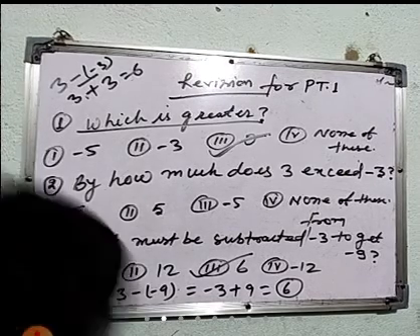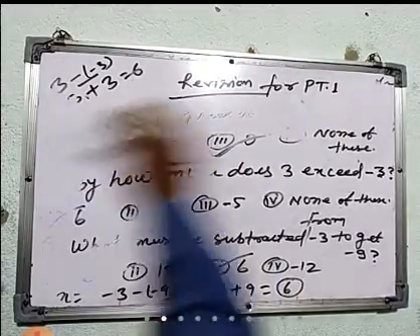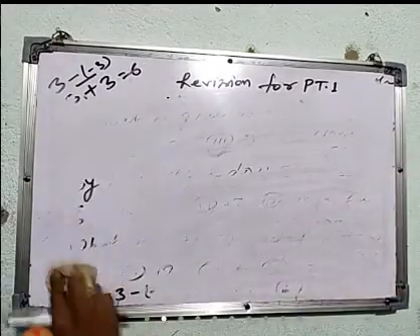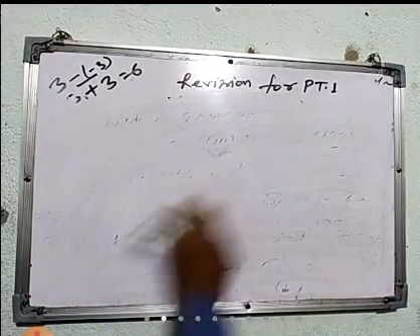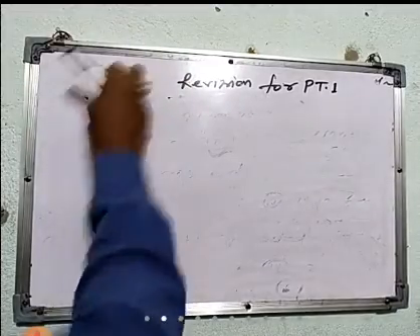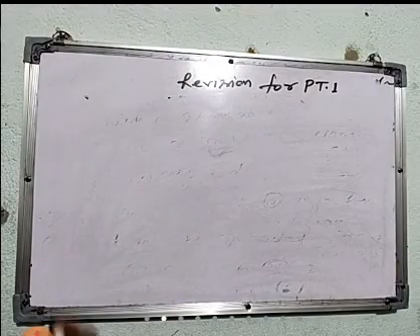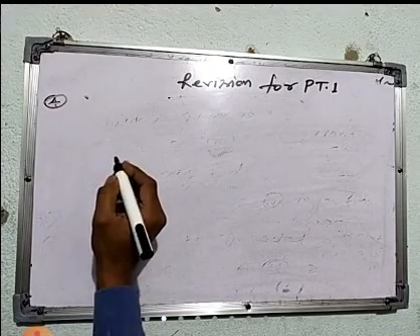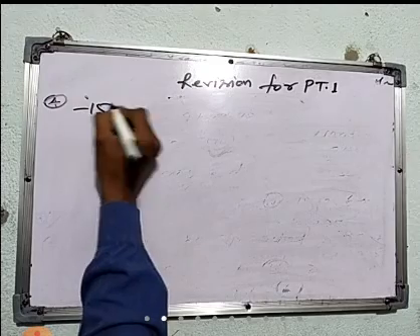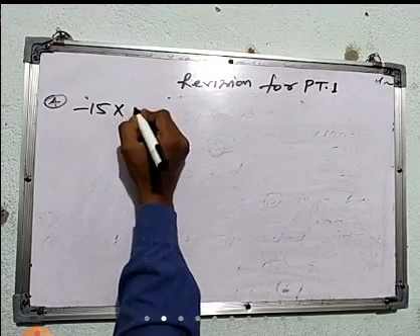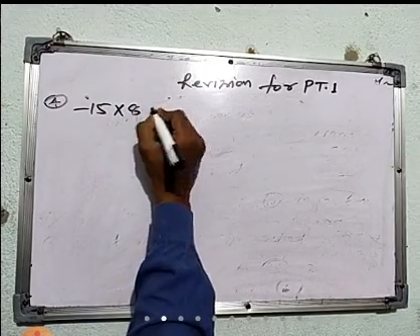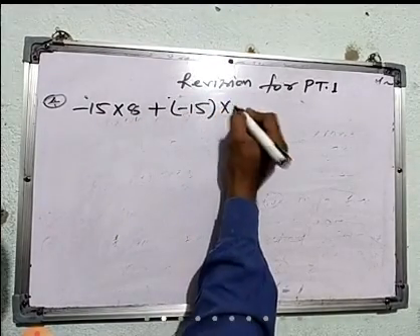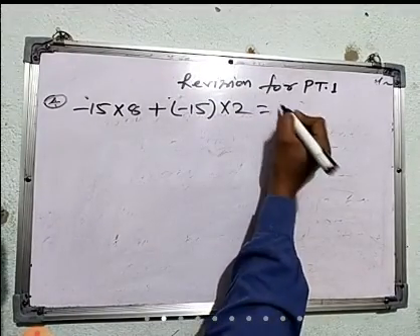You write next question. Question 4: -15 into 8 plus -15 into 2 equal to what?